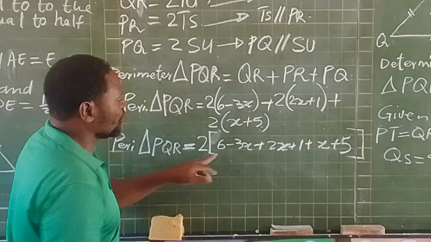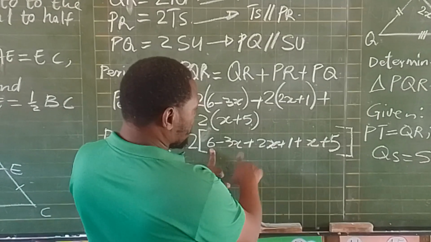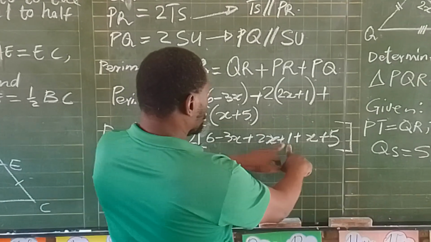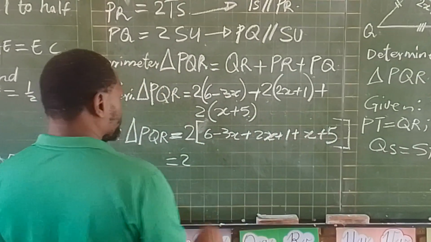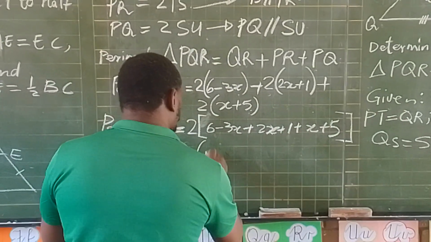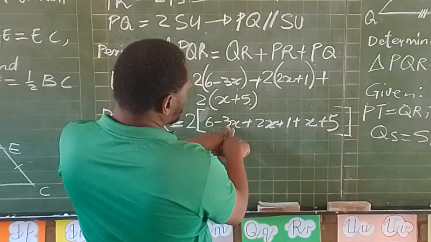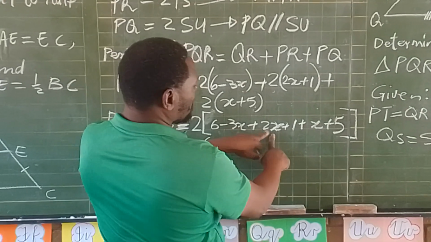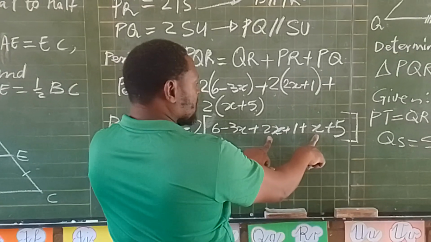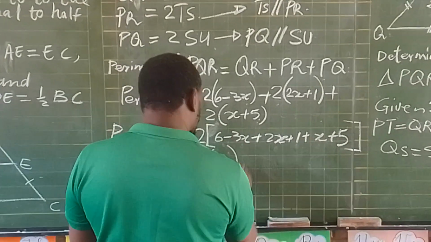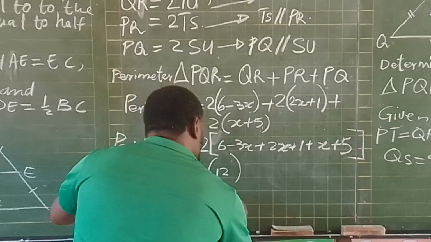Combining the like terms, 6 plus 1 plus 5 is 12. Then for x, minus 3x plus 2x is minus 1x, and minus 1x plus x is 0. So your x falls apart, and 2 times 12 is 24 units.